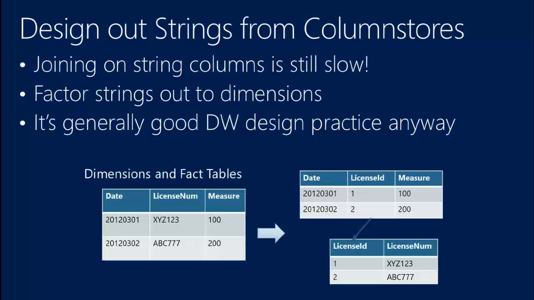That way you can create a columnstore index over your fact table and still have a pointer to the string when people need access to whatever may be in that string. It's generally a good data warehousing practice. You'll see Kimball talk about it quite a bit when he talks about moving stuff out of the fact tables, but this is very efficient so we can go ahead and create the columnstore indexes over the top.